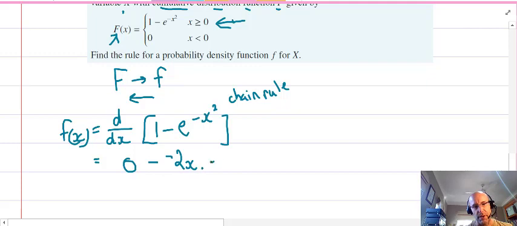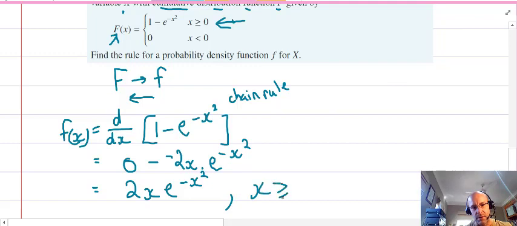I'm not going to show that part. And the derivative of e to the u is just e to the u, where u is negative x squared. So that remains as is essentially for our purposes here. Be careful of minusing negatives, that's a plusing a positive effectively, and we get 2x times e to the negative x squared when x is at least 0.